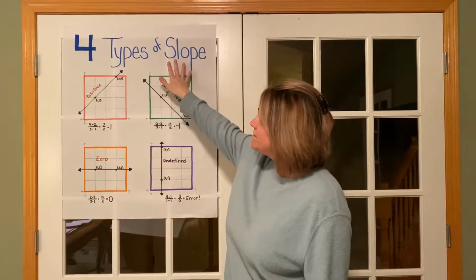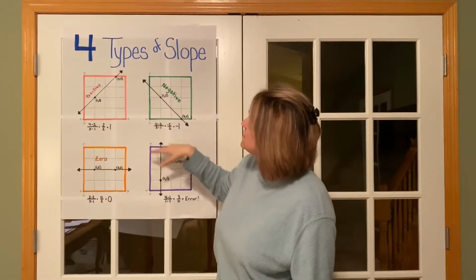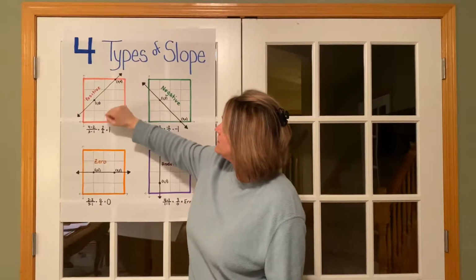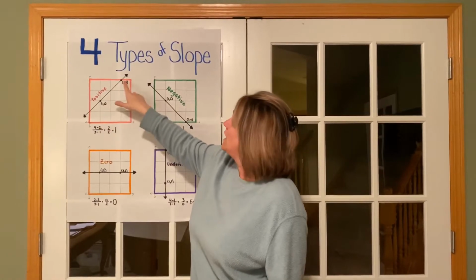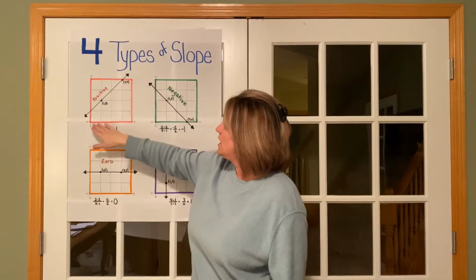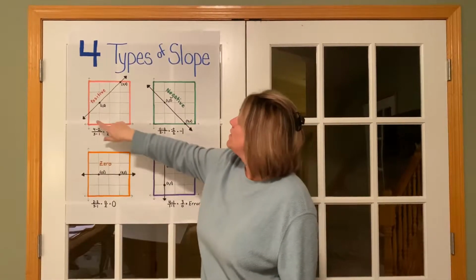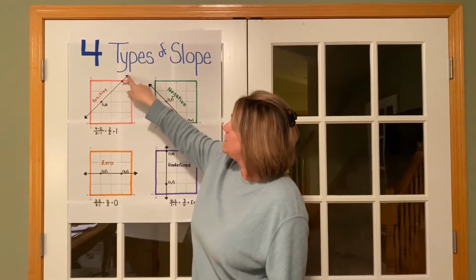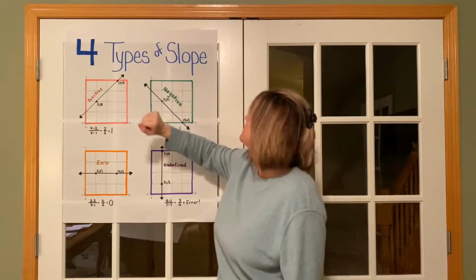There are 4 types of slope. So on each of the coordinate graphs, there are 2 points for each line that have been identified. And the kids will know that you take the change in the y over the change in the x to find the slope. When the line is going in an upward direction, it is called a positive slope.